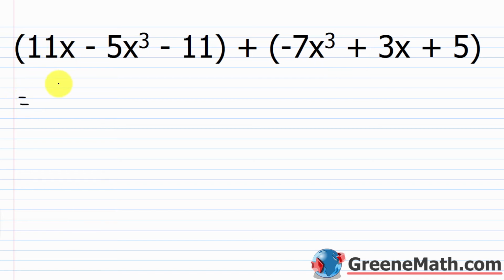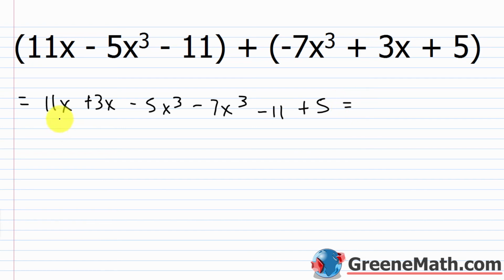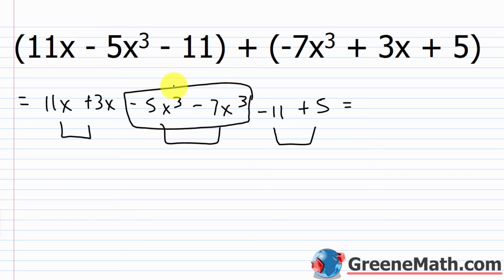So I can just say, okay, I have 11x, and then plus 3x, and then I have negative 5x cubed, and then plus negative 7x cubed, or minus 7x cubed, and I have minus 11, and then plus 5. So I put the like terms next to each other. And because I wrote it this way, I'm going to have to rearrange my terms in the end, so I put it in standard form. So if I wanted to save myself a little bit of work, I could have shifted this kind of down here, right? I could have started out with that.